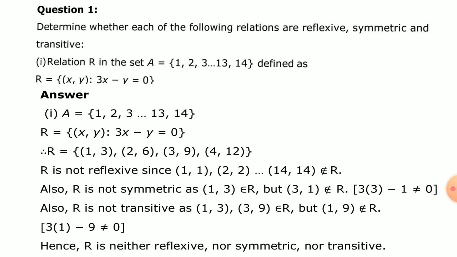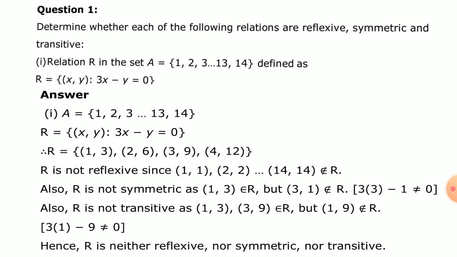Transitive relation: (1, 3) belongs to R and (3, 9) belongs to R, but (1, 9) does not belong to R. So therefore R is not a transitive relation. Hence, R is neither reflexive nor symmetric nor transitive.